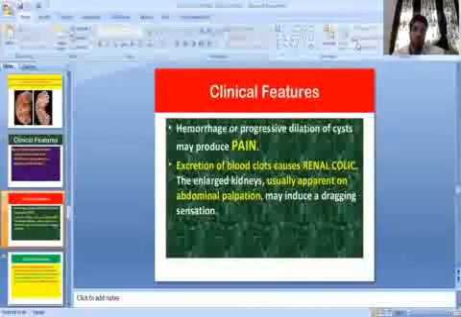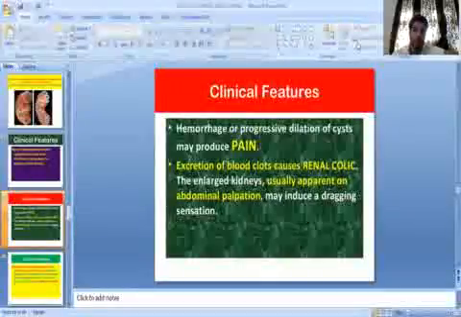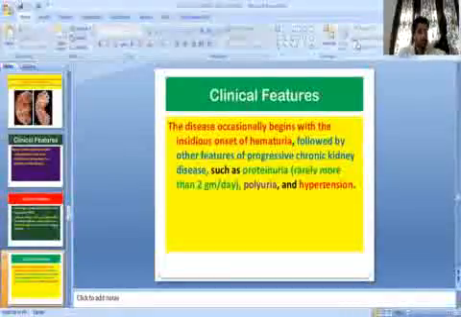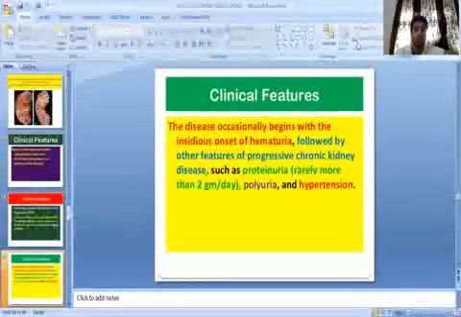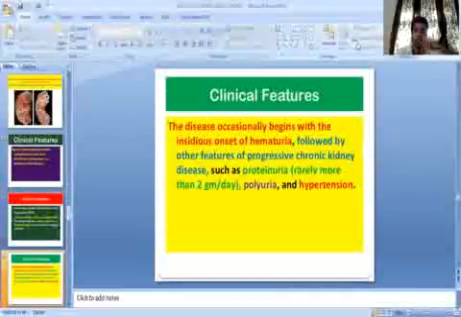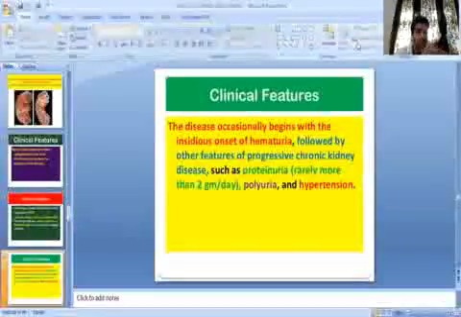The enlarged kidney is usually apparent on abdominal palpation and may induce a dragging sensation. The disease occasionally begins with the insidious onset of hematuria, followed by other features of progressive chronic disease, such as proteinuria, rarely more than 2 grams per liter, and hypertension.